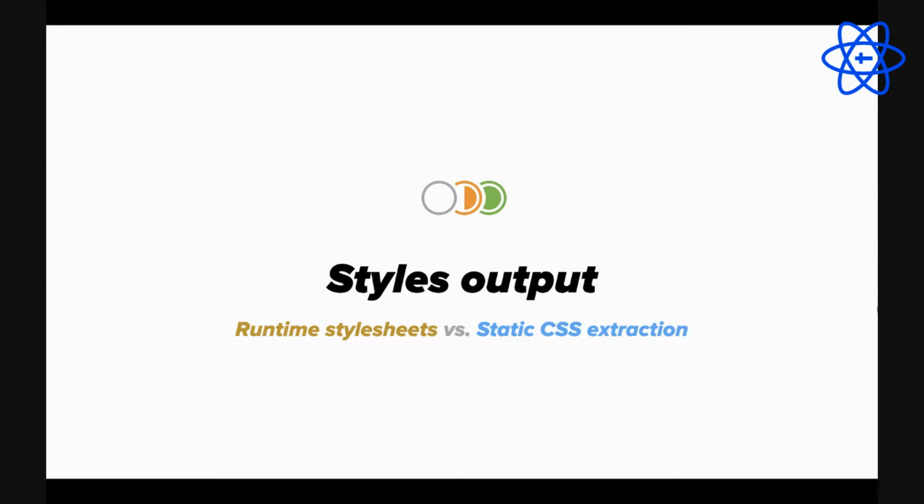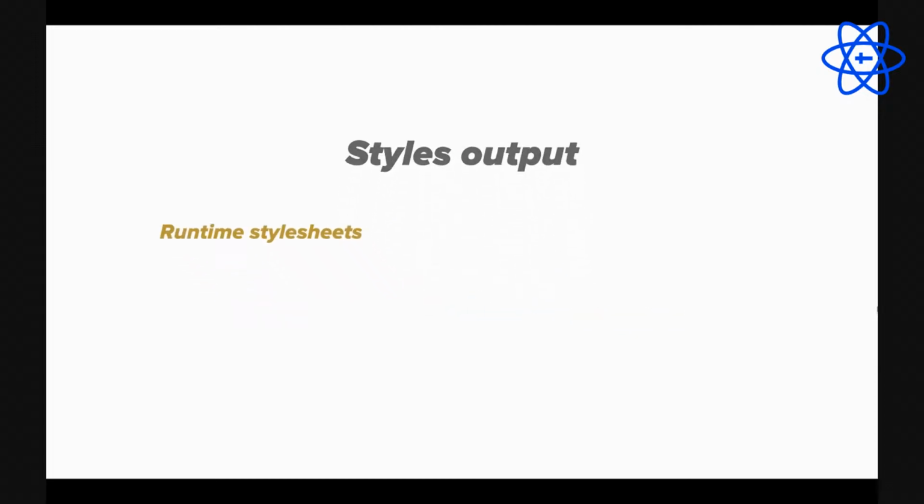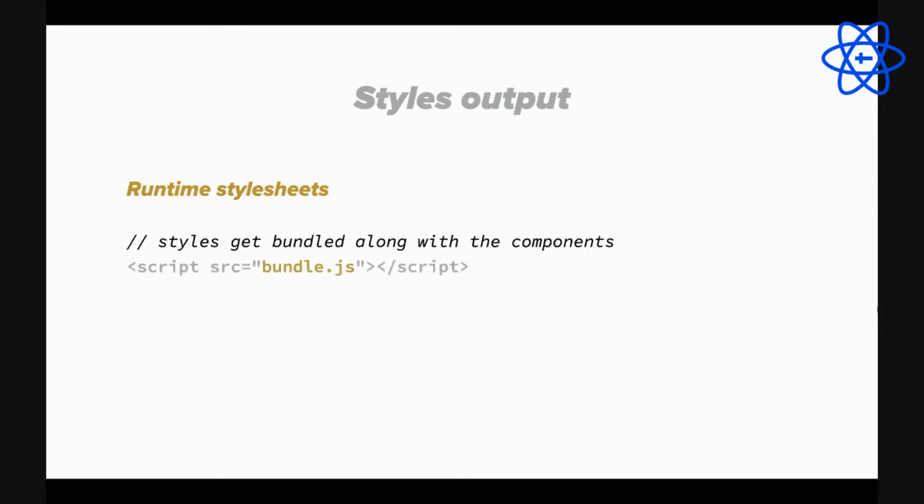Both Stylex and Vanilla Extract use the second method, static CSS Extraction, or the so-called zero-cost runtime. So let's see how these two work from a very high-level point of view.